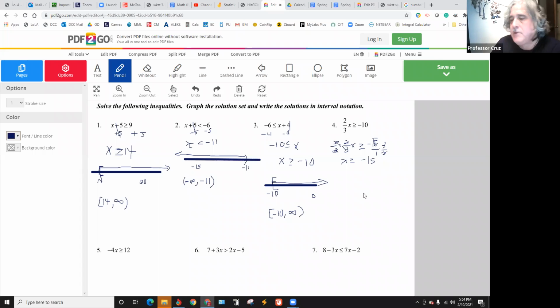And so this basically just ends up being this. The graph is the same thing. All right, any questions about those?